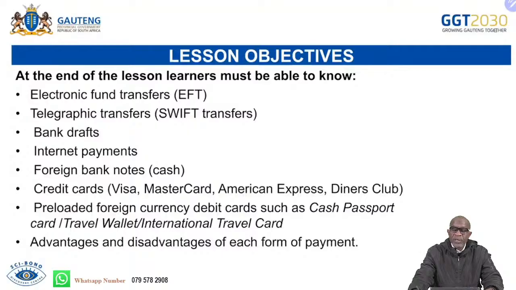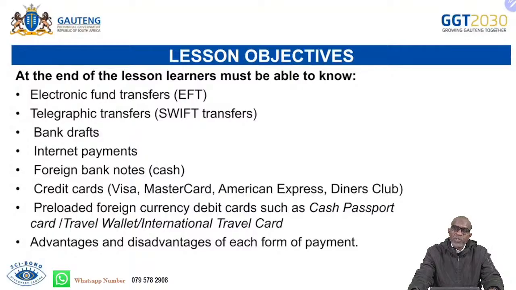The first one: you should be in a position to know and understand an electronic fund transfer and how it works. You are also required to have a better knowledge and understanding of telegraphic transfer, known as SWIFT transfer. We'll elaborate much on this when we get to discuss these forms of payment one by one.